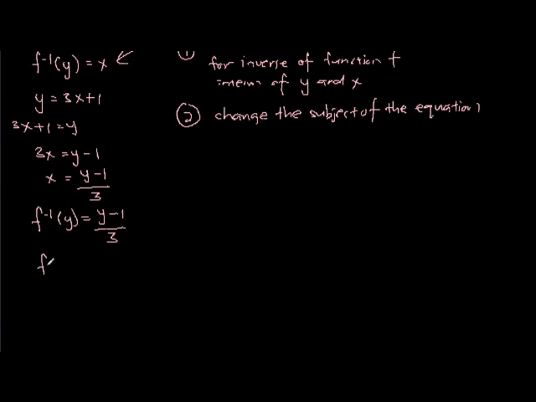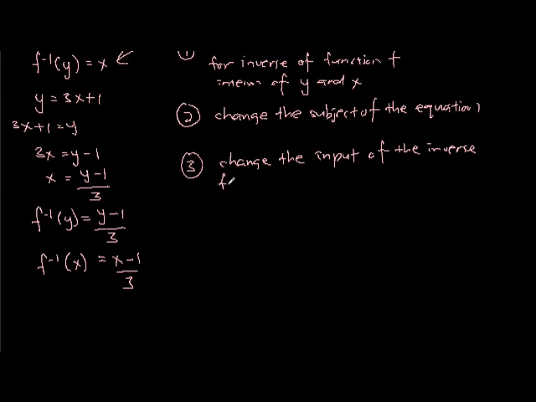So that f negative 1 of x equals (x minus 1) over 3. And this is how we change the input of the inverse from y to x.